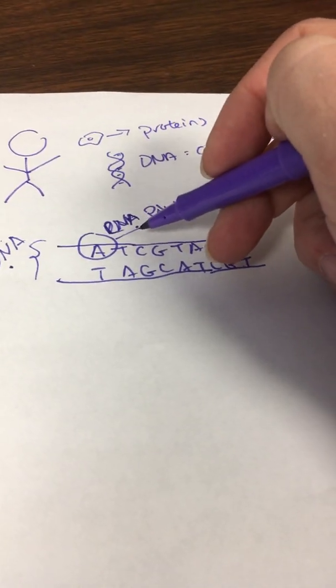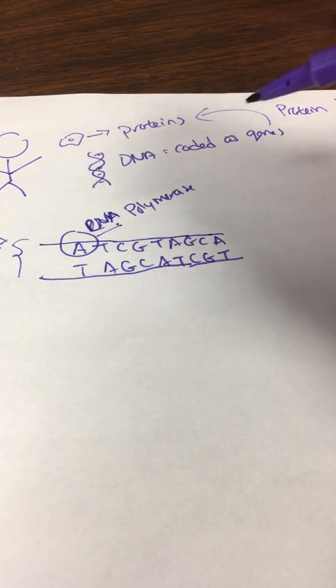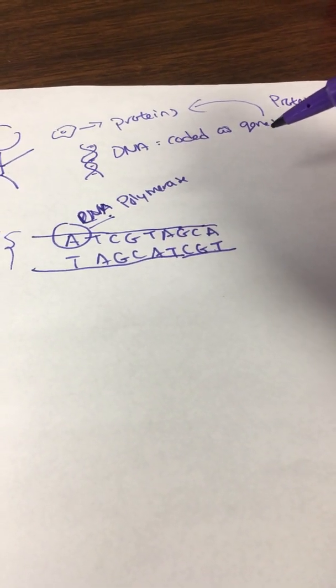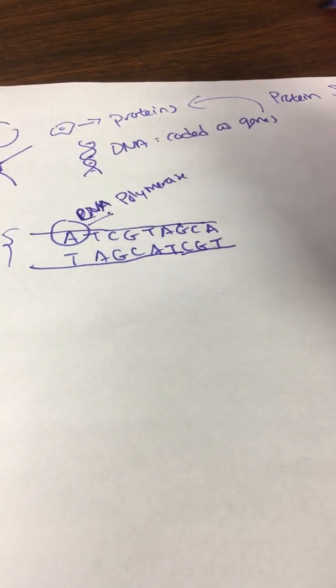So as my RNA polymerase is reading this, it's going to base pair according to a different set of rules.